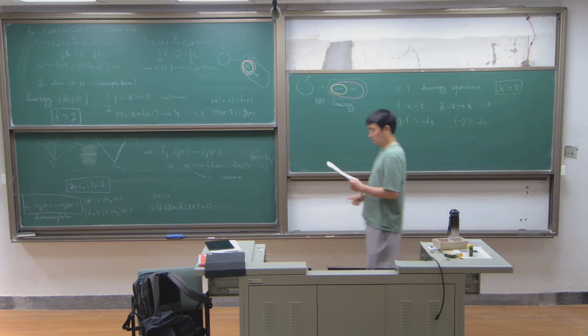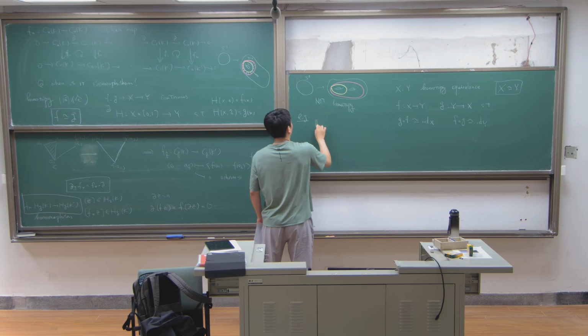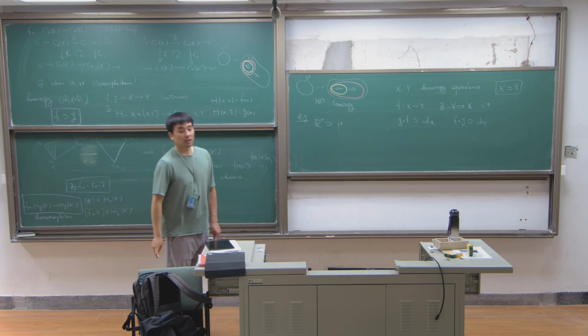So okay, any 一个例子: Rn is homotopy equivalent to a point. How do you show that?